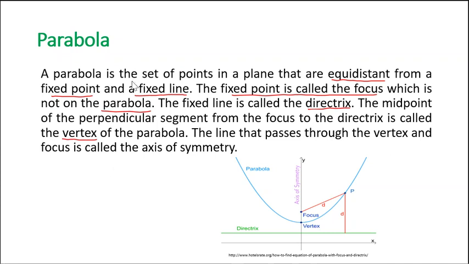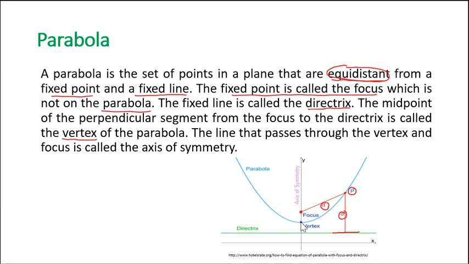Now, the definition of a parabola explains that it is a set of points that are equidistant from a fixed point and a fixed line. This means that if we take a random point, let's say P, on the parabola, and we get the distance of the point P from the fixed point, which is the focus, and the distance of the point P from the fixed line, which is the directrix, these distances are equal.